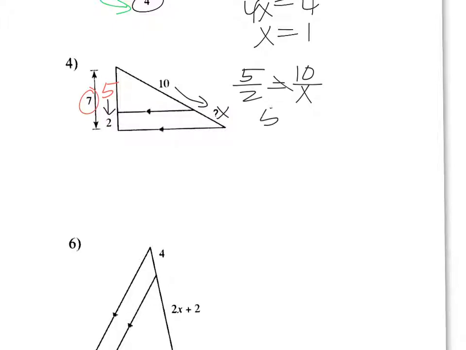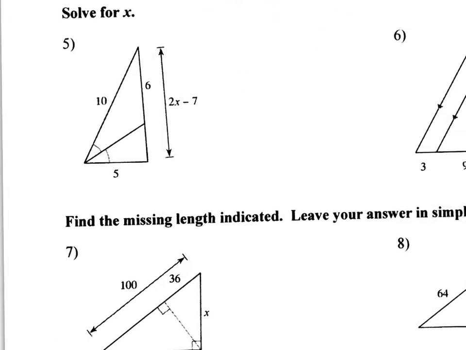Cross multiply, 5x equals 20. Divide by 5, and we get x is 4. Check your answer. And that makes sense here because that number should be bigger than this one because it's with a 10, and it is. Okay, let's keep going.